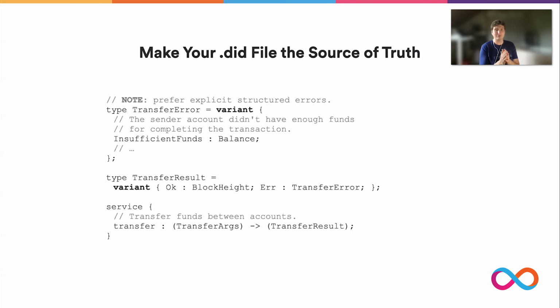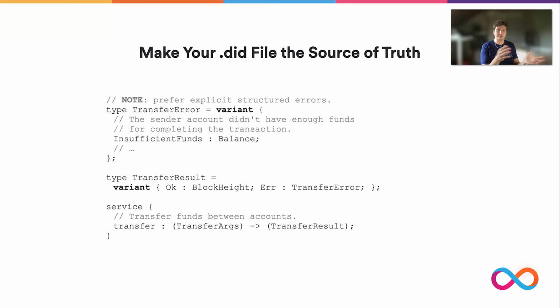Another recommendation is, if you return some errors, make them explicit in the code. Just define variants. Variants are very nice, and this corresponds very nicely to the standard way of doing error handling in Rust as well. How do you do error handling?